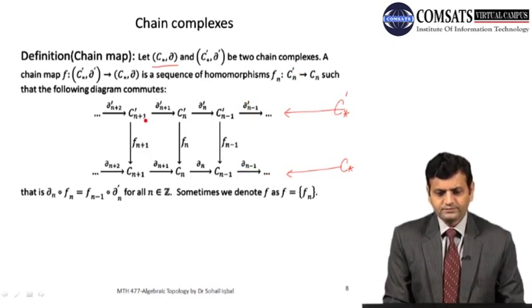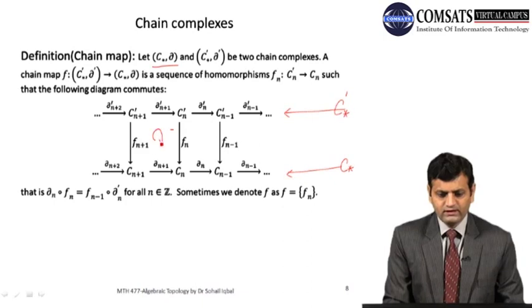So now we have objects, and from Cn plus 1 prime to Cn plus 1 we have these maps Fn plus 1, and similarly for each n we have these maps. The extra condition we impose for this map to be a chain map is that this diagram should commute.